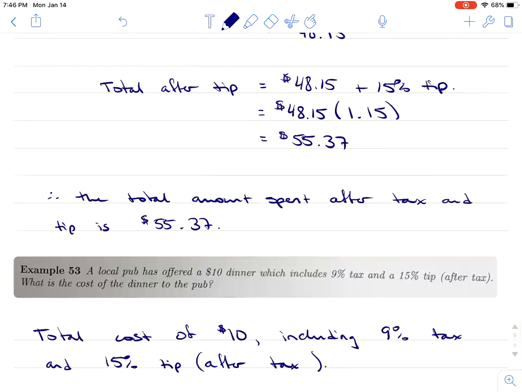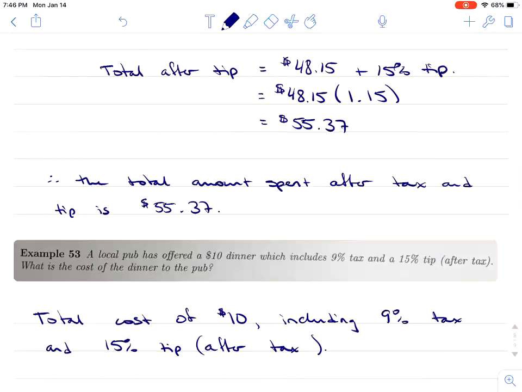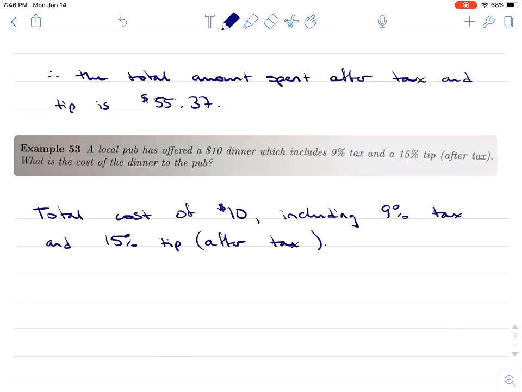If we recognize that we're just doing what we just did, but in reverse, it makes it a lot easier, because what we're saying is that the final product is 10, right? And so something times the tip, right? Because we have to work backwards, right? We have to undo the tip first, and then we can undo the tax. So something times the tip equals 10.